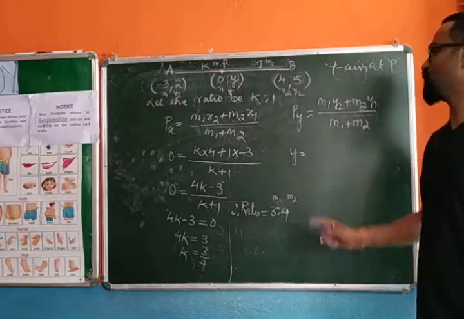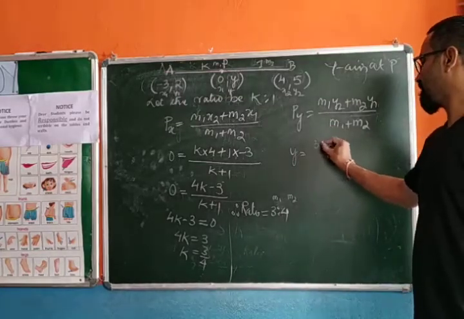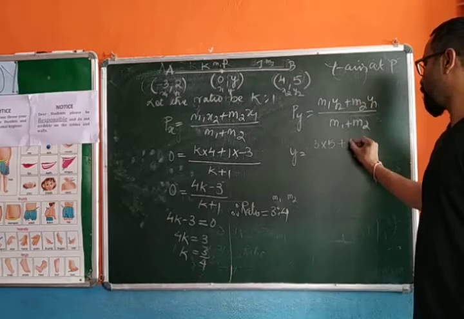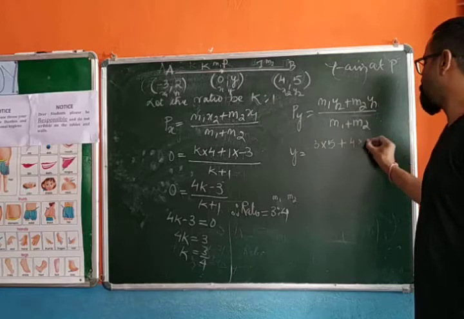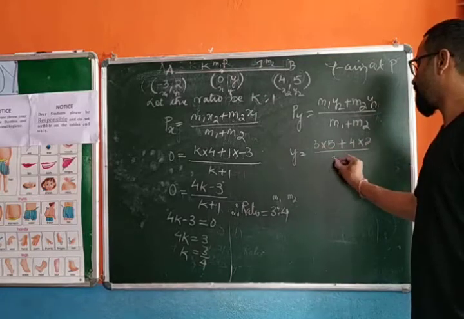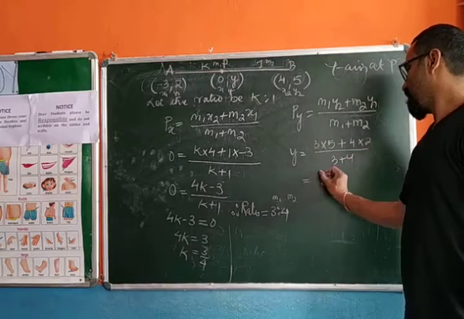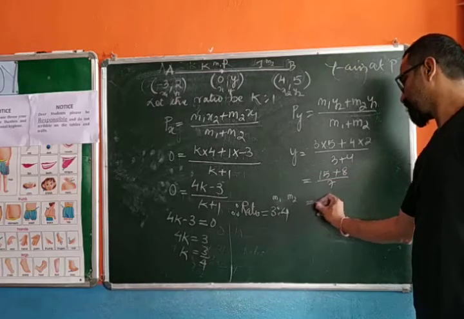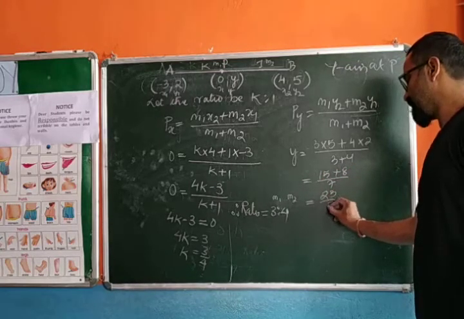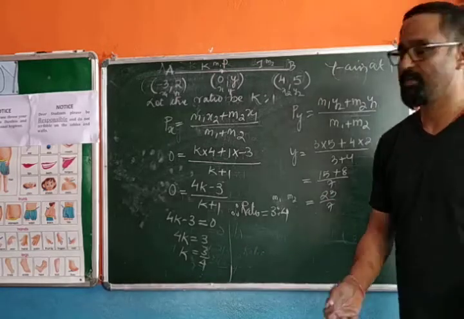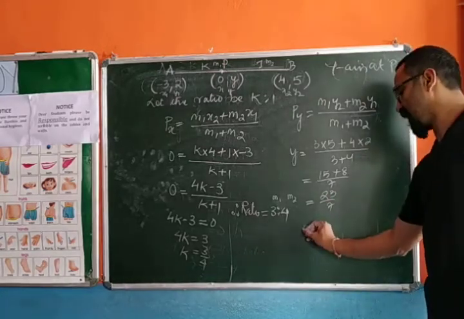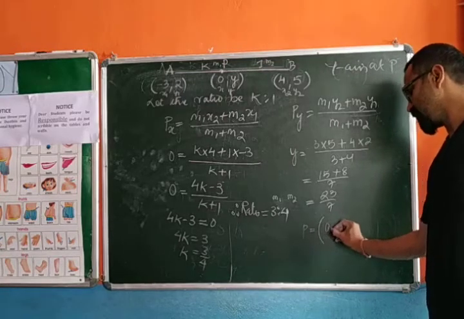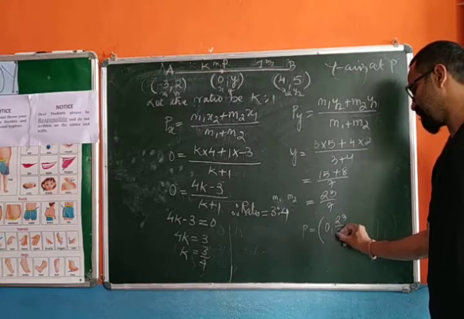Then substitute. m1 is 3, y2 is 5, m2 is 4, y1 is 2, divided by 3 plus 4. 15 plus 8 divided by 7. 23 by 7. If it is divisible, you divide. Otherwise, you leave it as a fraction. Coordinate of P is 0, 23 by 7.